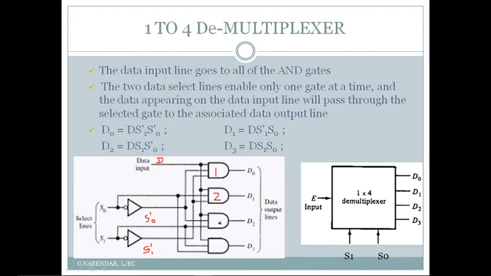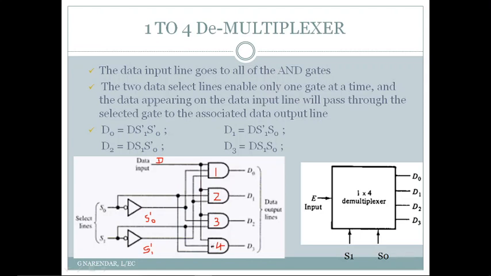Similarly, we'll be using the third AND gate to realize the expression for the D2 output, and we'll be using the fourth AND gate to realize the expression for the D3 output by giving D, S1 and S0 as the input. So this is the D input and this is S0 and this is S1.